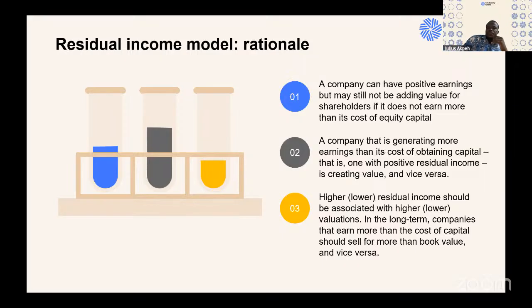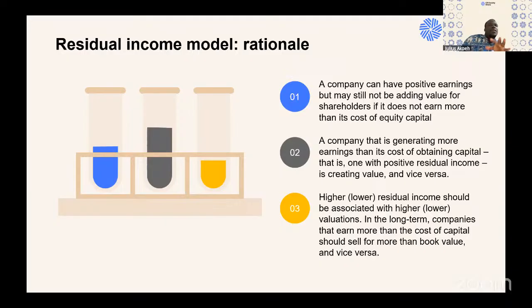Now, we can explain that phenomenon. We can explain why that happens. And the explanation we can give is that if a company is generating a positive residual income, then that company will have its market capitalization higher than the book value of equity.